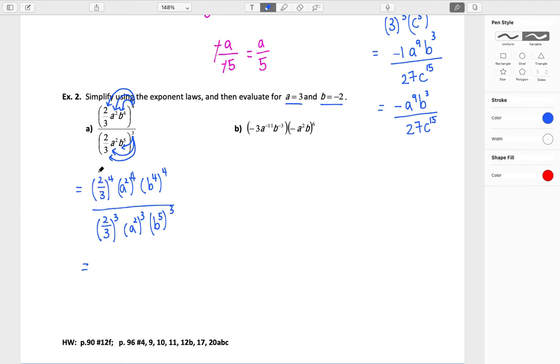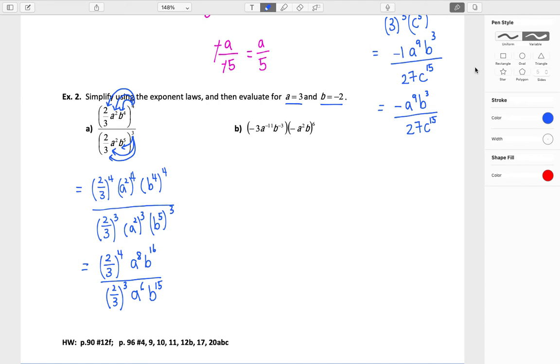The reason why is because I noticed that we have the same base here, right? But I can simplify these with power of a power. So it will be 2/3 to the 4, a to the 4 times 2 is 8, b to the 16, over 2/3 to the cube, a to the 2 times 3 is 6, b to the 15.